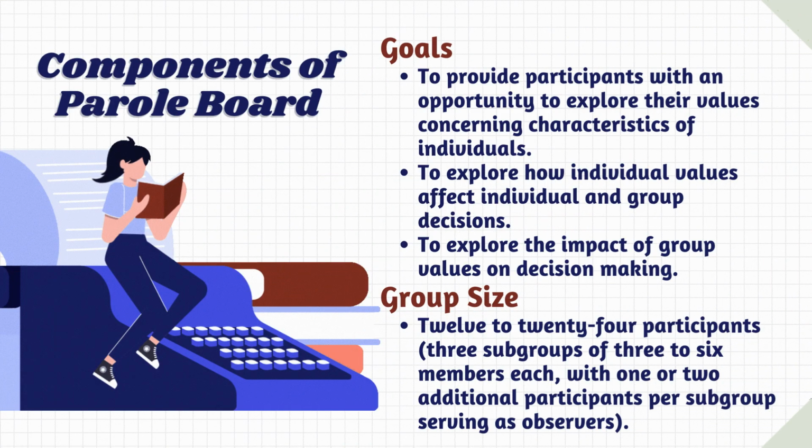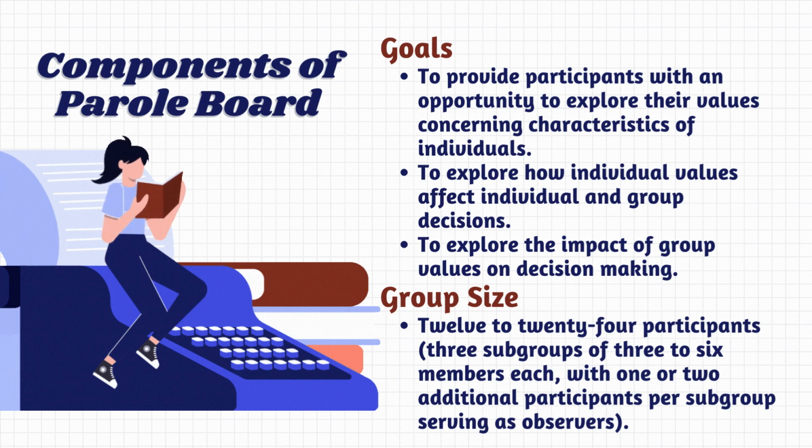Here are the components of Parole Board. For the goals, it aims to provide participants with an opportunity to explore their values concerning characteristics of individuals. Second, to explore how individual values affect individual and group decisions. Lastly, to explore the impact of group values on decision-making.